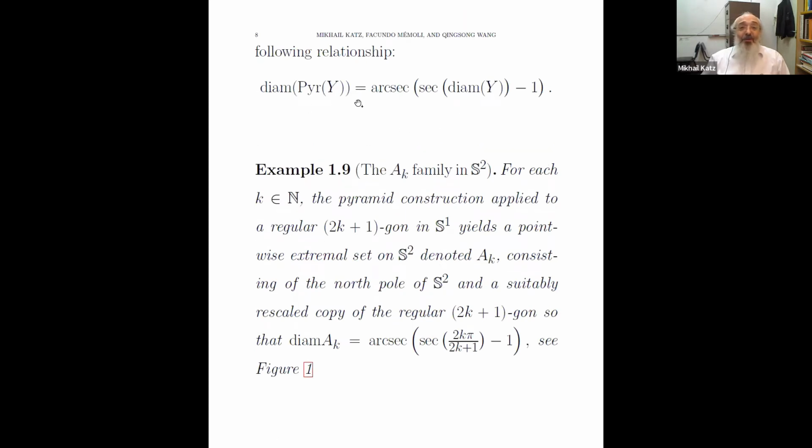A sort of mysterious relation, arc secant of the secant of the diameter minus 1. That just falls out of the law of cosines. So this way we get the family which we denote A_K. Afterwards, they're going to be B_K, C_K, and D_K. But the first family is the simplest one, and that's just these pyramids.